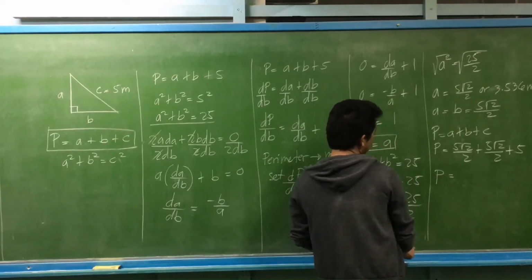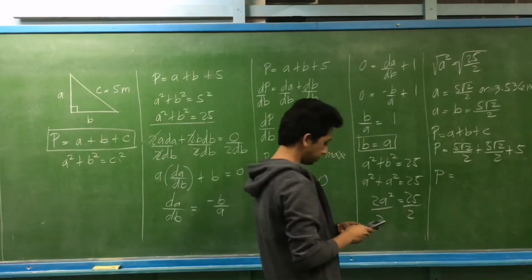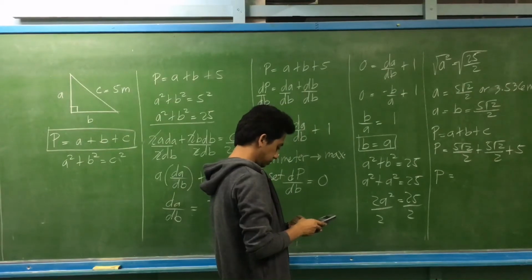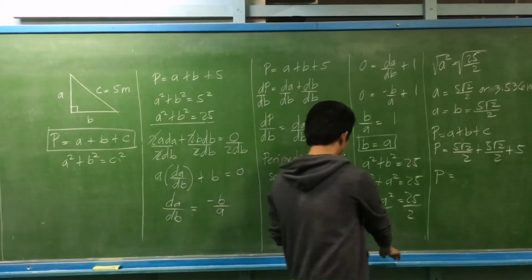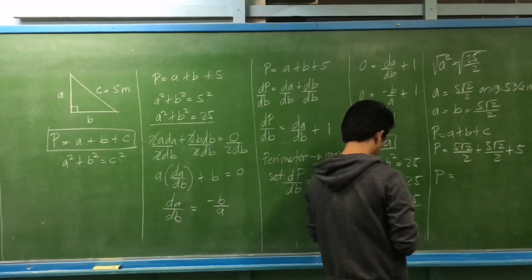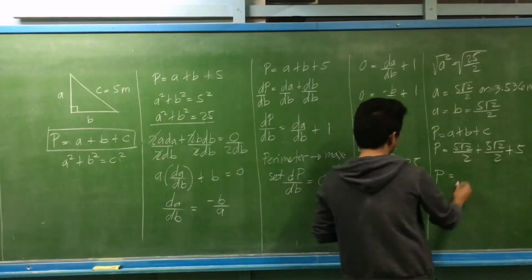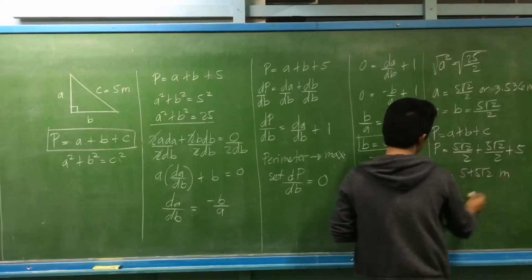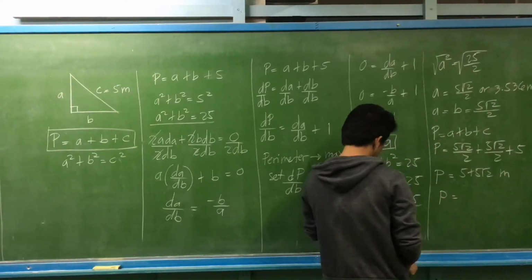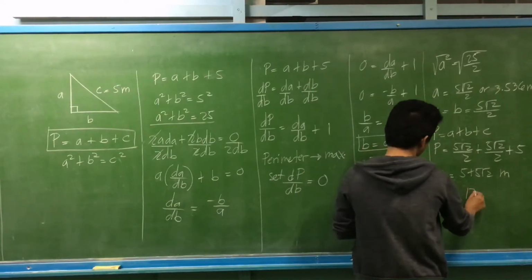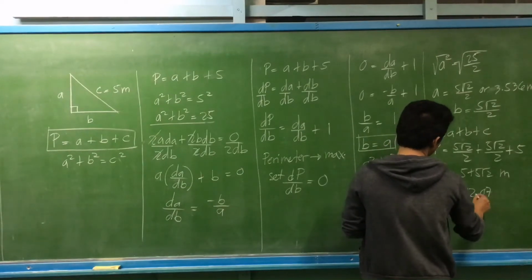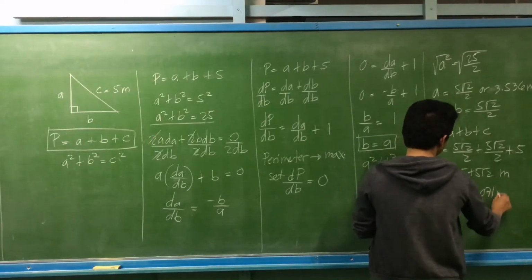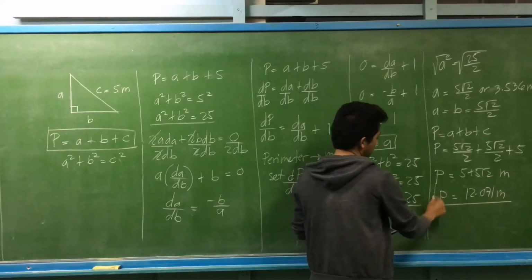So we have the perimeter, so the perimeter is 5 plus 5 square root of 2 meters, or the perimeter is equal to, in decimal, this is the same as 12.071 meters. So that will be our answer.